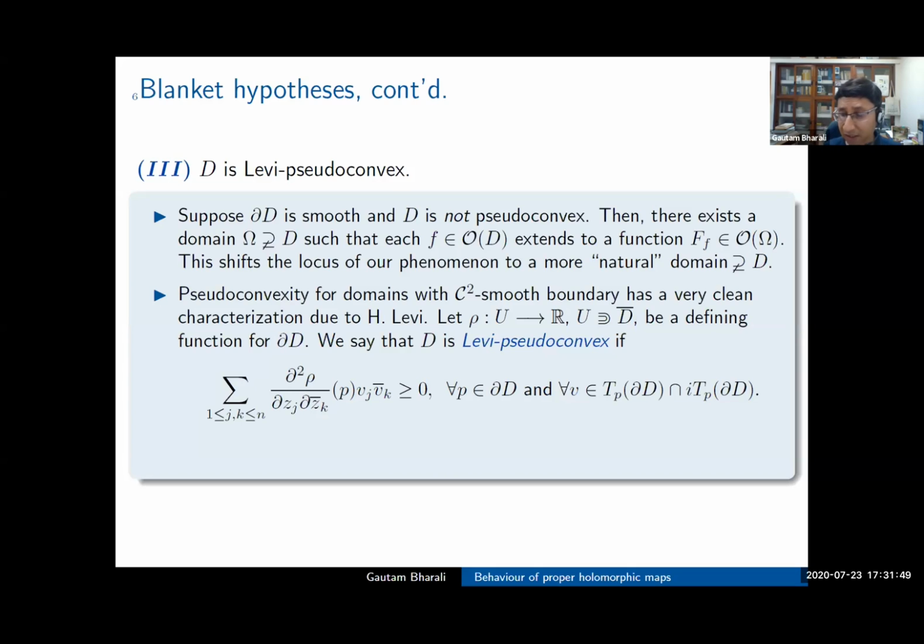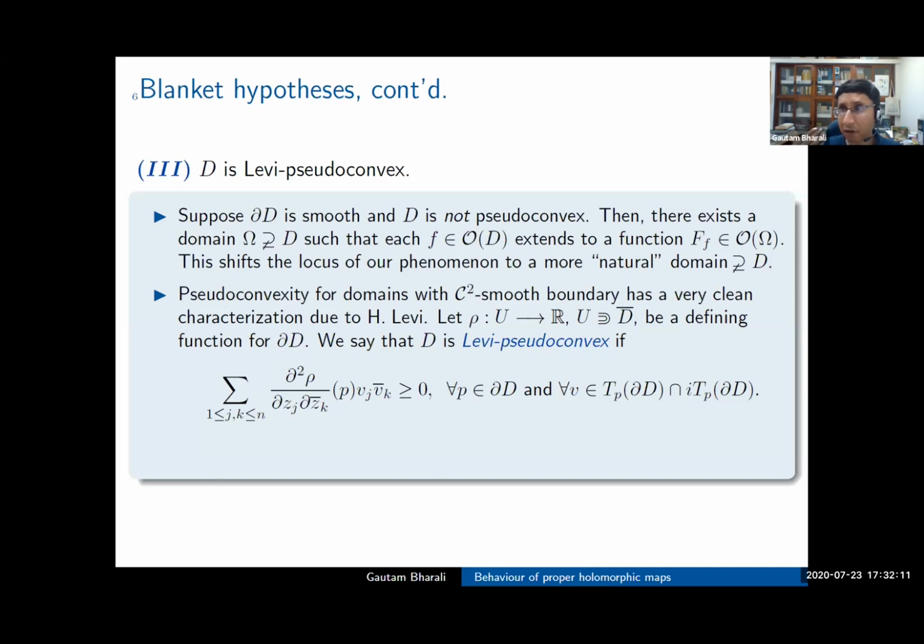in the C2 case, convexity is characterized by having the real Hessian with respect to the n-1 variables of this function being positive definite. Remember, this is something we learn in calculus.